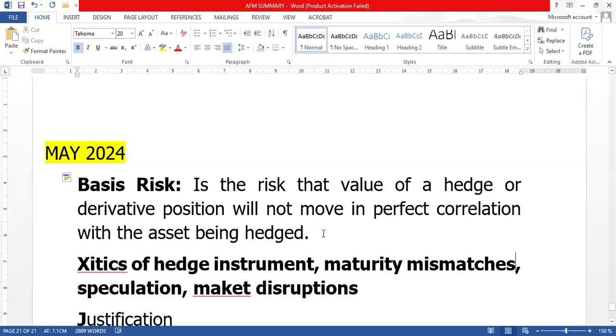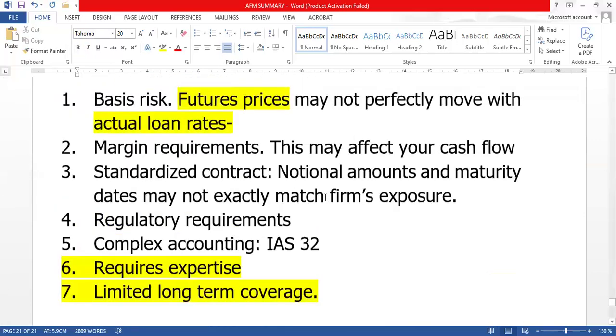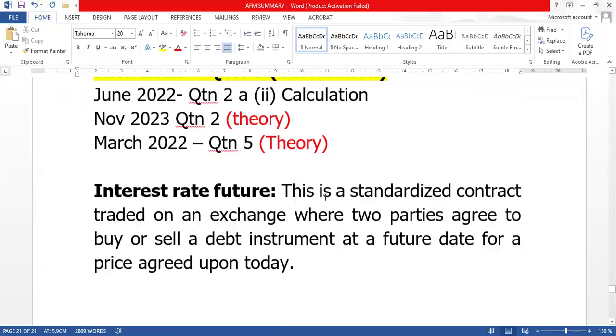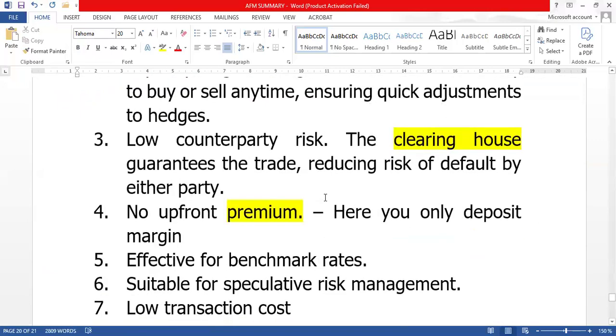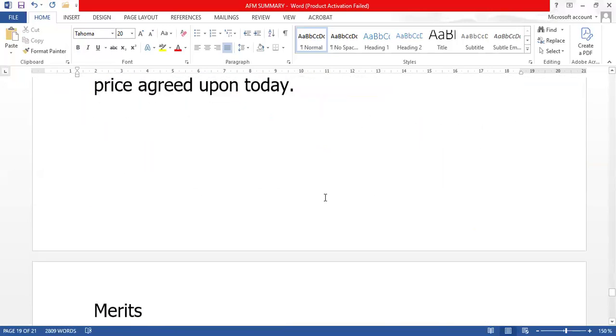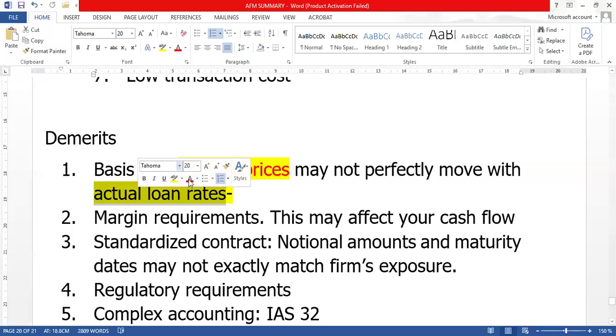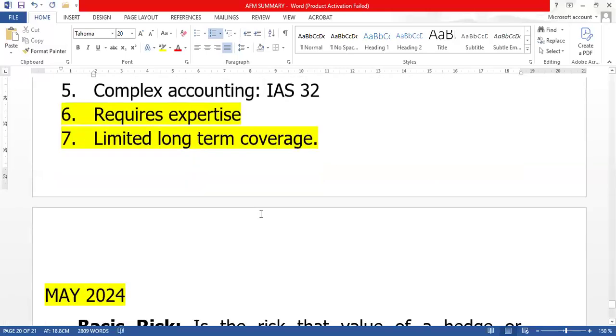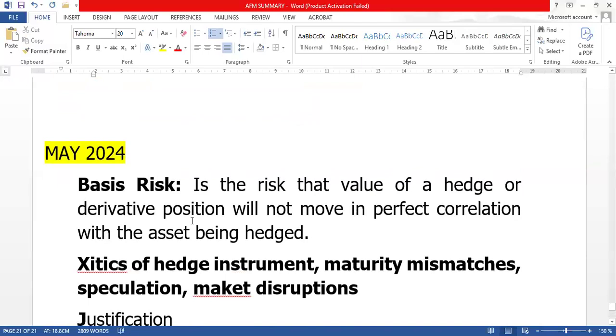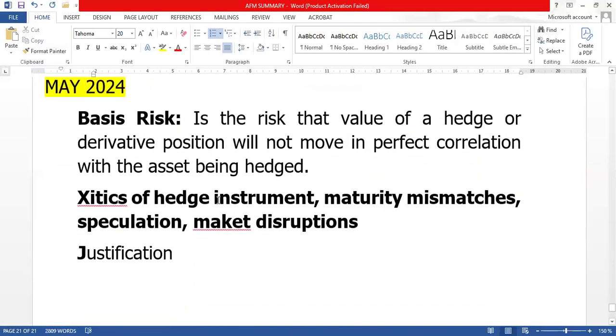So you may find that what you predicted, because as I explained, with this basis risk you are looking at basically the futures price and the actual price. The futures price may not really reflect the actual price because of issues related to the kind of instrument and the maturity period.